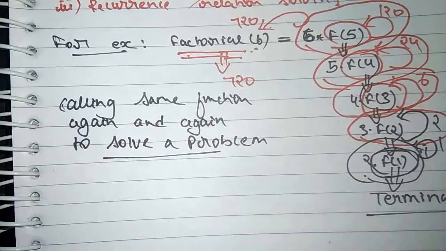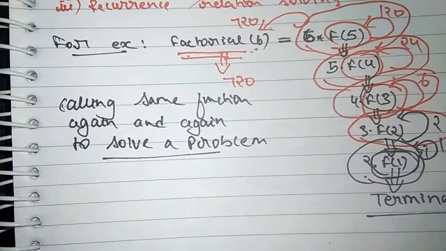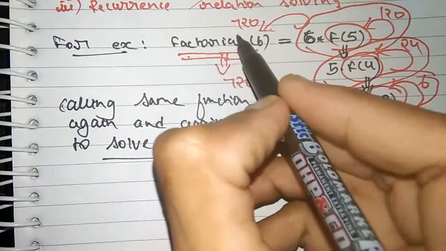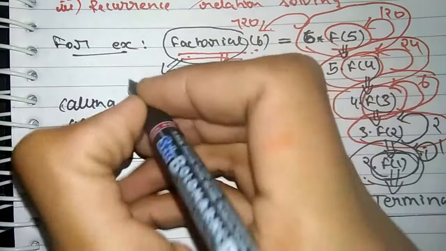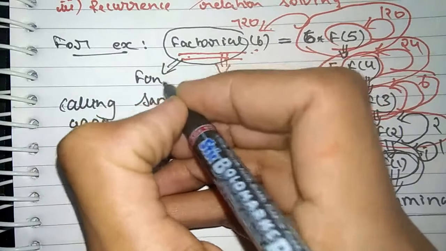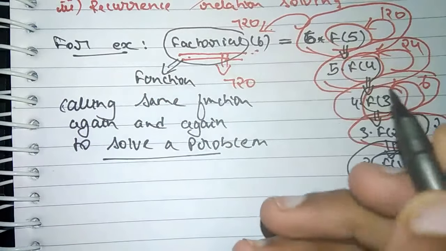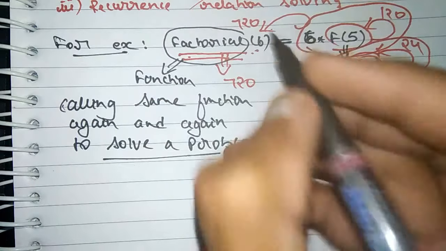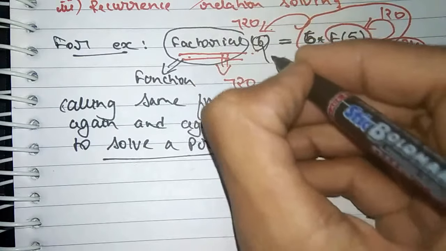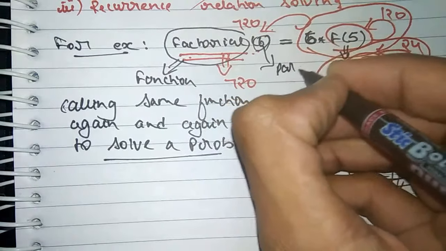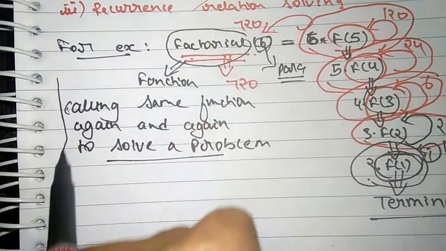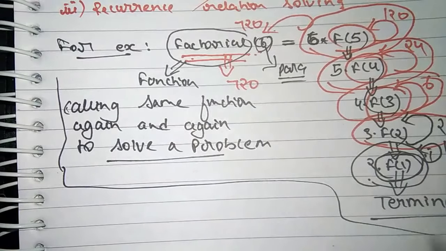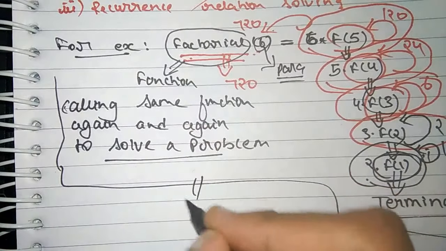In our example, the problem is to find the factorial of 6, and factorial is a function, and 6 is its parameter. So factorial of 6 follows the behavior of the recursion. This is nothing but recursion.